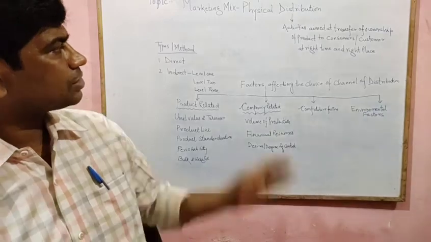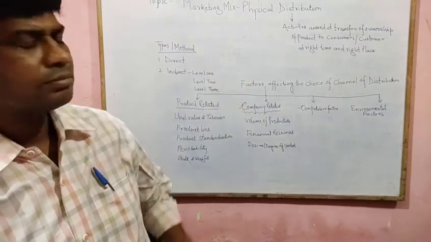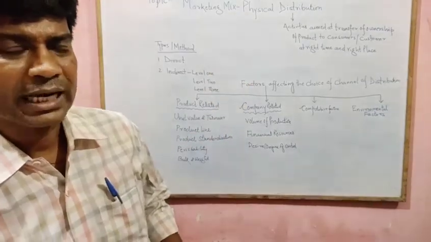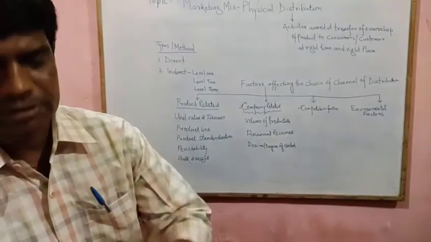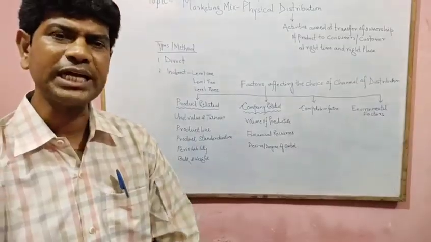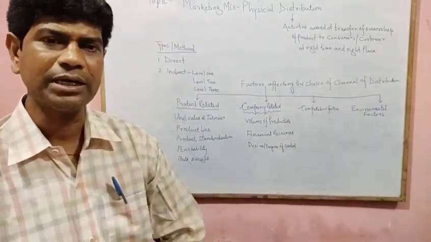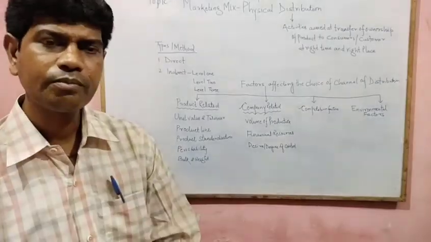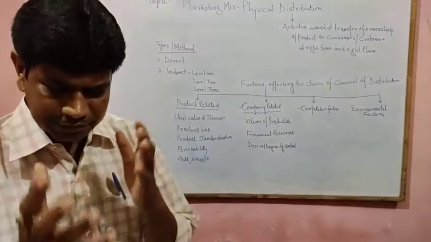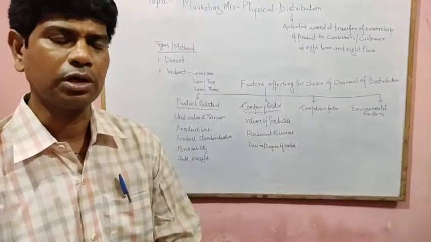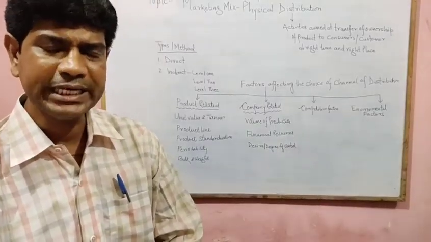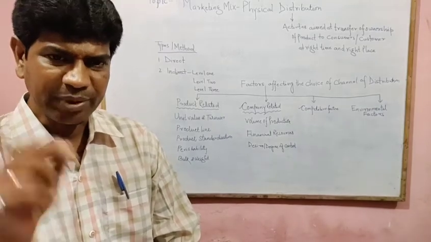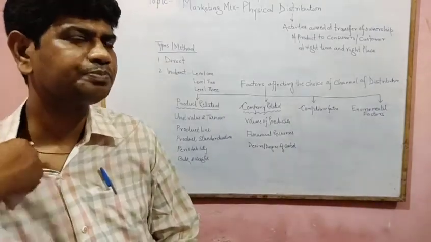And then this transfer has to be done at the right time and right place. We have to decide where the customer resides, which marketplace it is, where the goods have a demand. A variety of issues are included in the choice of a particular channel of distribution.